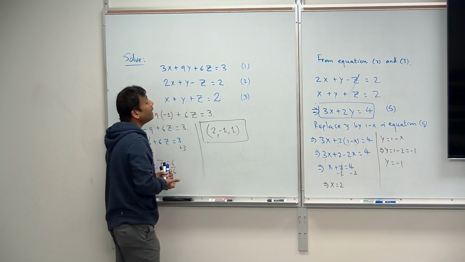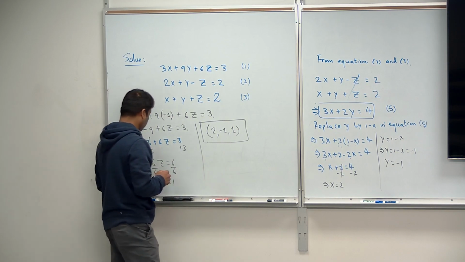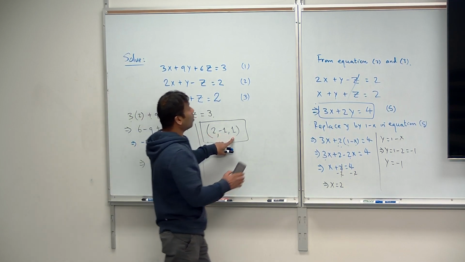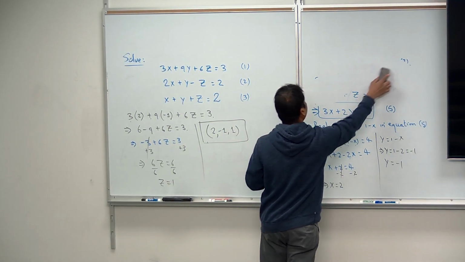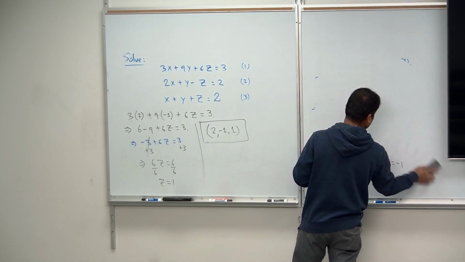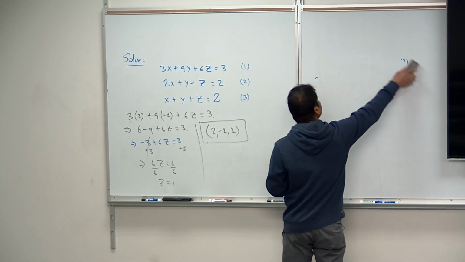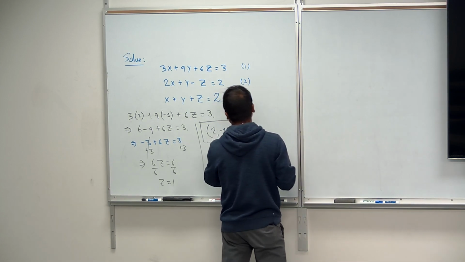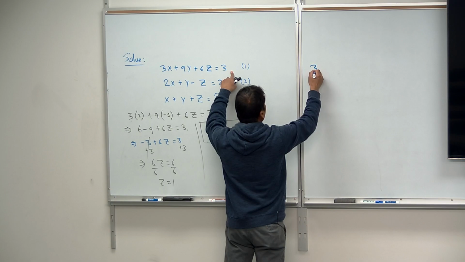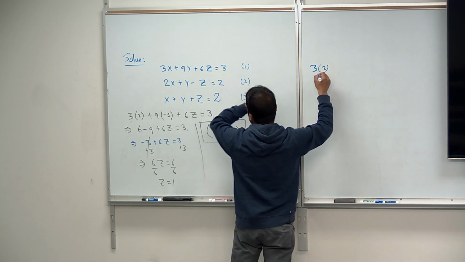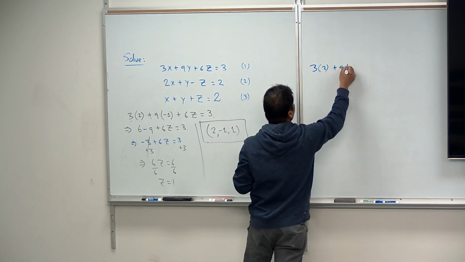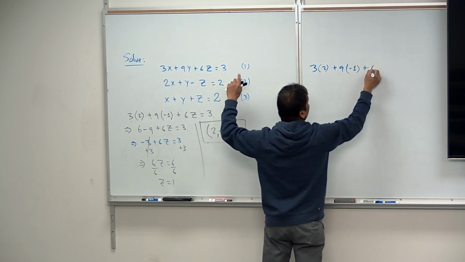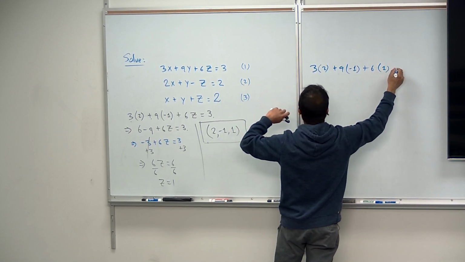Now you can check. You plug in x equals 2, y equals -1, and z equals 1 in equation 1. You have 3 times 2 plus 9 times -1 plus 6 times 1 equals 3.